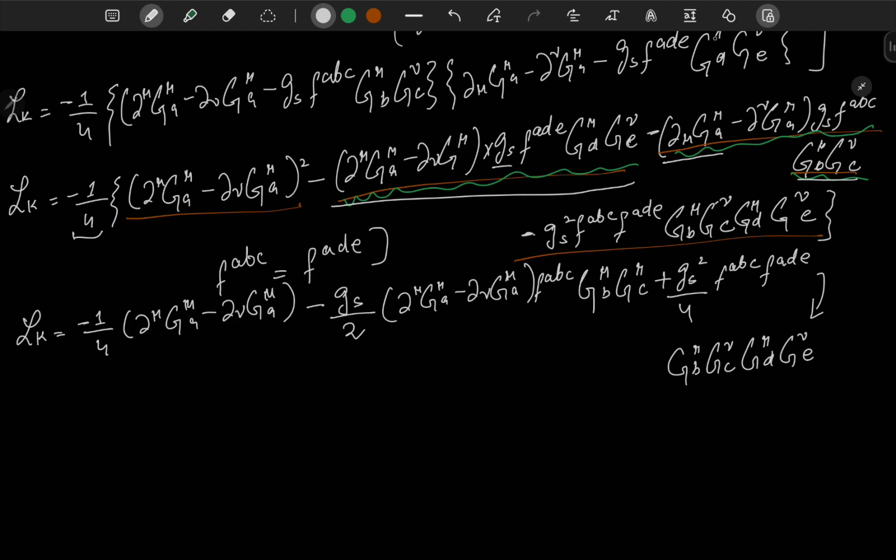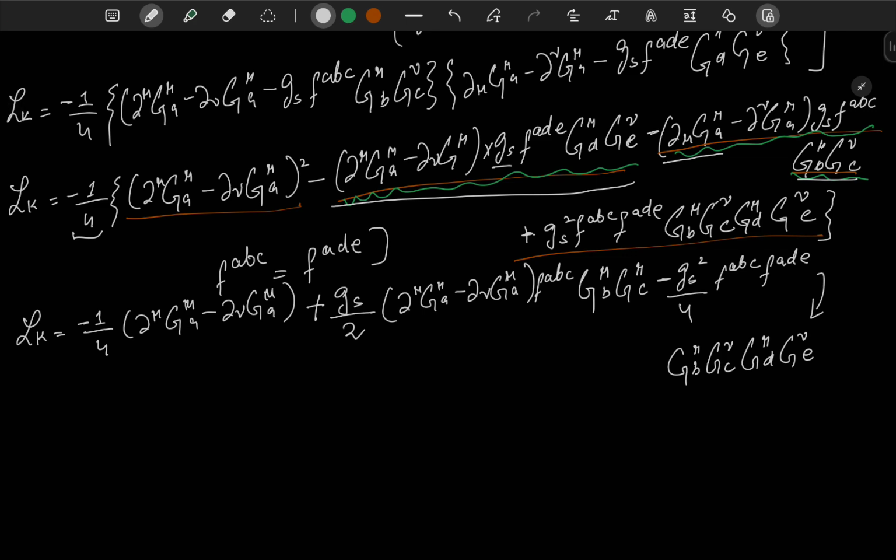Okay, yes, this was plus, this was minus, and this was minus here, so it will become plus. First term will be minus with the minus sign, and second term with the plus sign, and the third term with the minus sign. Okay, so far so good.